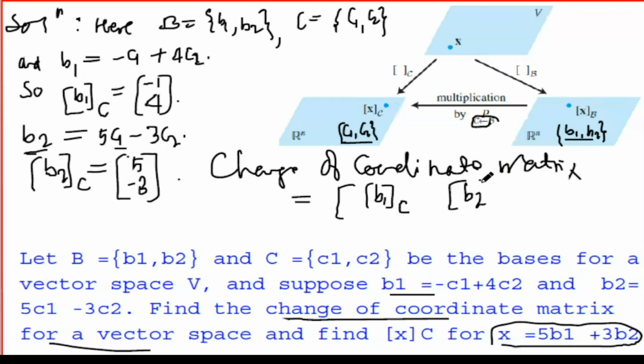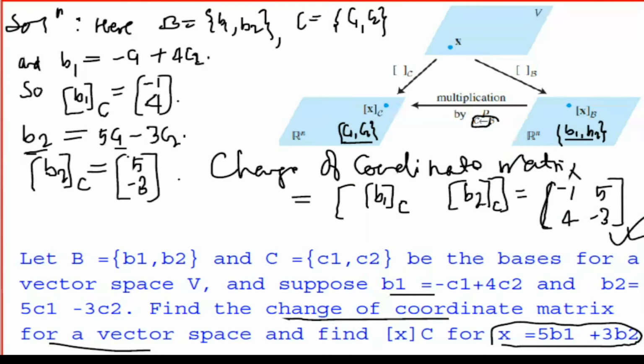The C coordinate of B1 is minus 1, 4, and the C coordinate of B2 is 5, minus 3. This is the change of coordinate matrix: minus 1, 5, 4, minus 3.